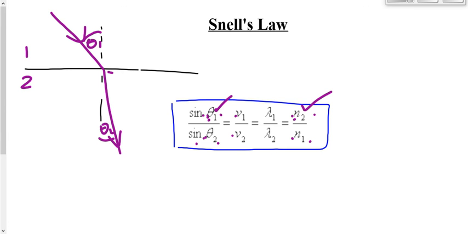You've got a higher value in the second medium than in the first medium. What do these different things mean again? Theta 1, theta 2, V1, V2, the speed in this medium, the speed in this medium, lambda 1, lambda 2, the wavelength of the EMR in the first medium compared to the second medium, N2 over N1, the index of refraction. That's increasing in this question.